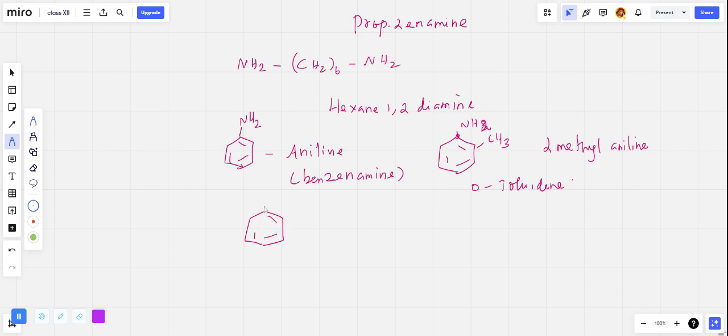This one has N CH3 twice, so actually this is a tertiary amine. It's an aniline in which two hydrogens are replaced by two methyl groups.